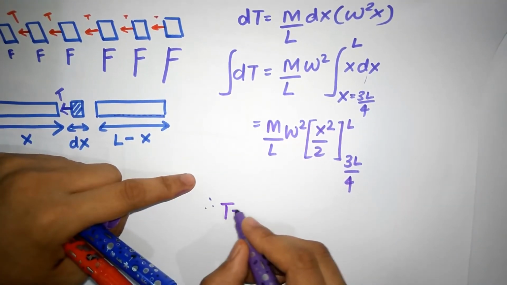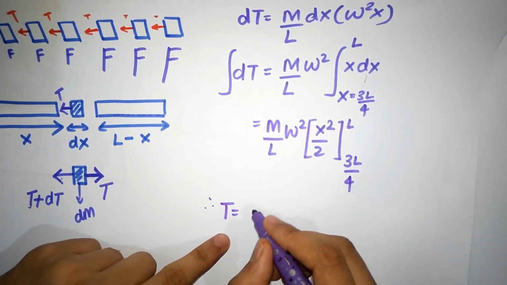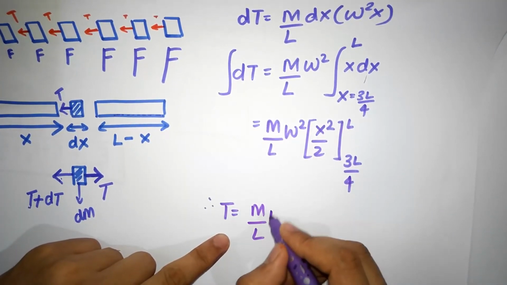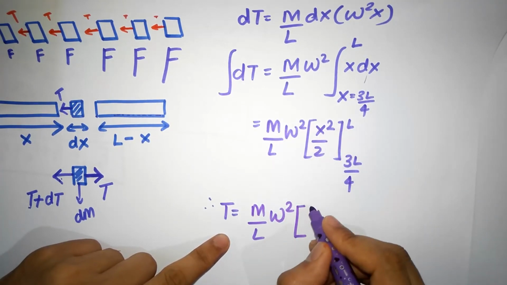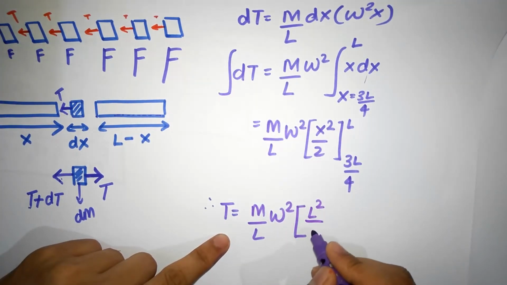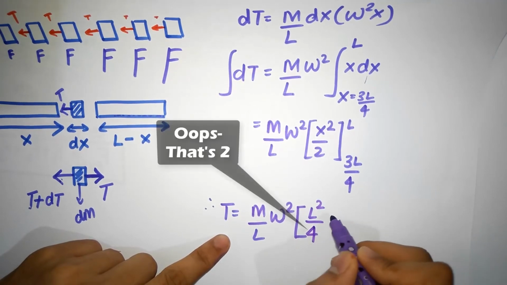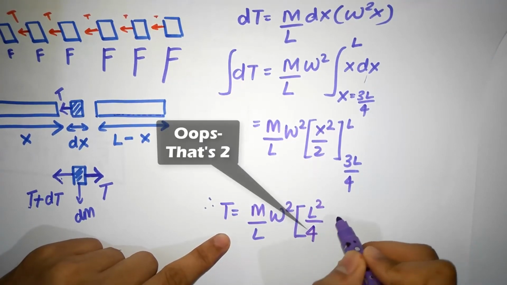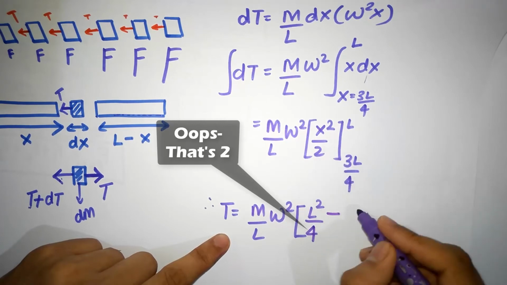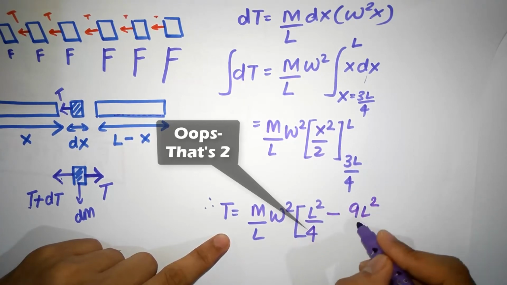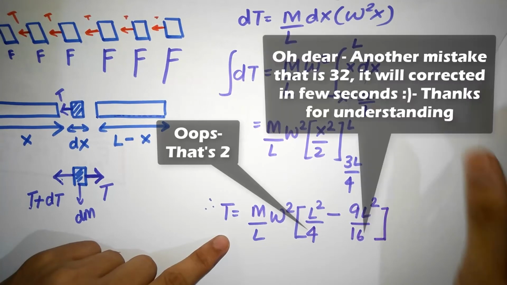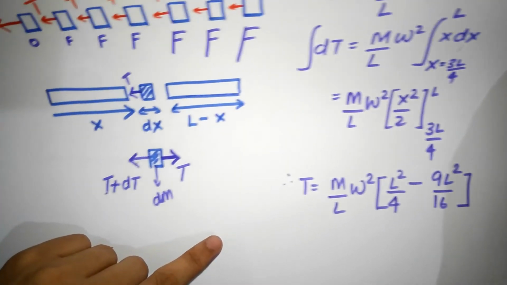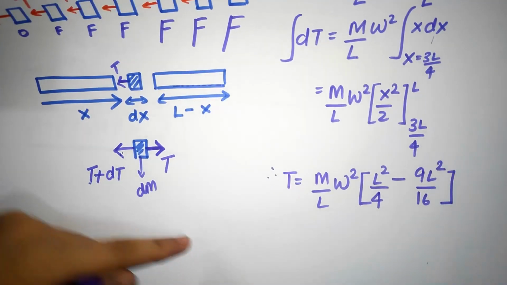Therefore, the required tension at that point is going to be m by L omega squared into the upper limit first, so you get L squared divided by 4 minus 9 L squared divided by 16. Okay, now all we need to do is a little bit more algebra.